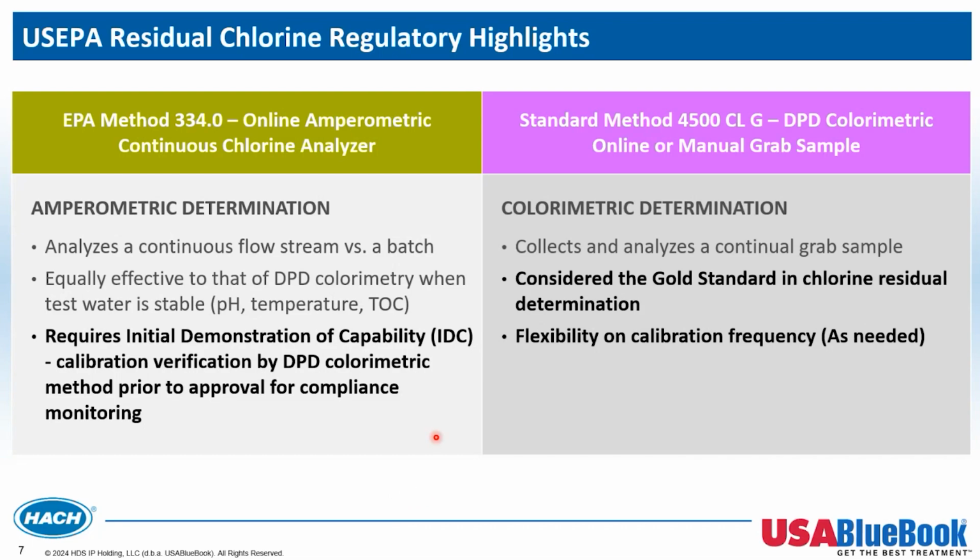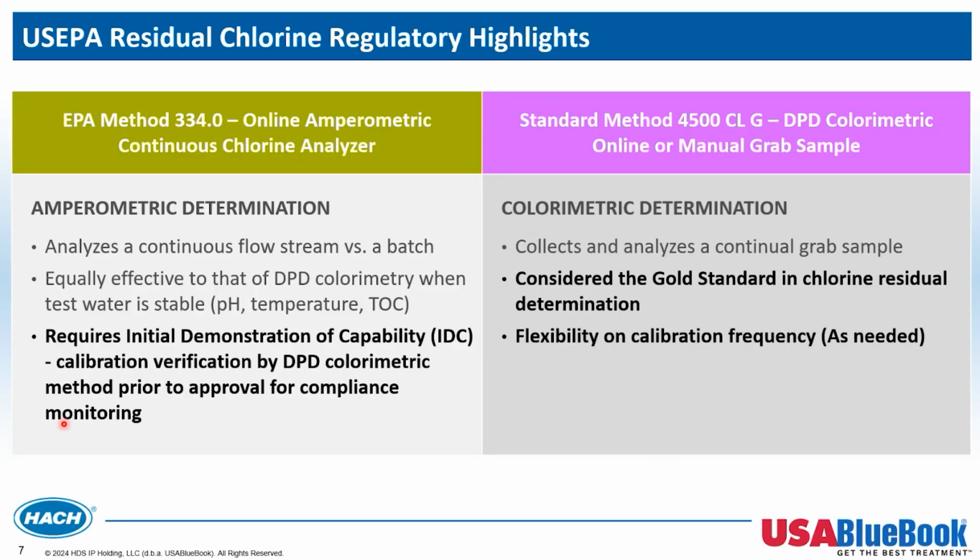And then instrumentation using this or that method may or may not have to be approved by the states based on the compliance with the US EPA method 334. The very important distinction, the methods listed under standard methods are already accepted and approved by US EPA.